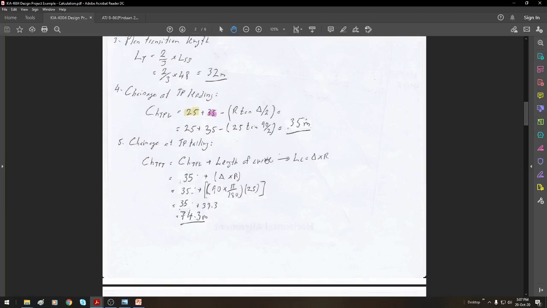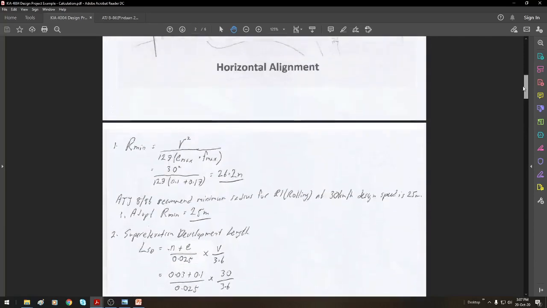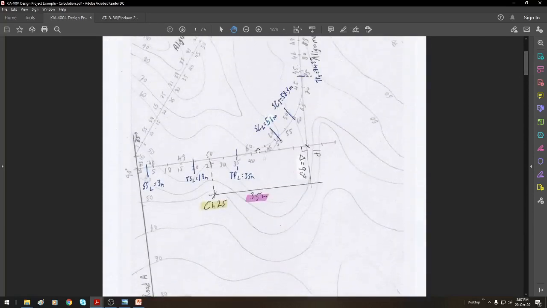Next, we calculate the chainage of the tangent point leading, meaning the first segment of the curve. I show you here, this segment, the leading end of the road. Because we consider our design to start from here, this is the leading section.